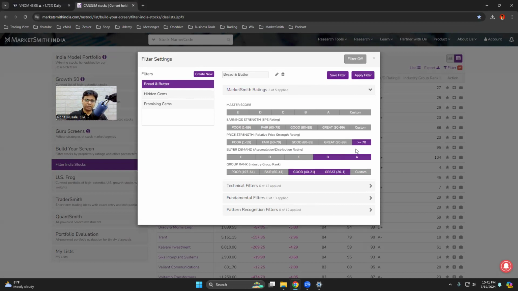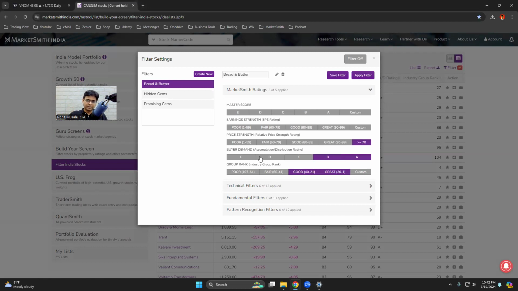So for example, if there is a stock which has given a return of, let's say, 70-80% in the past 1 year, and it has done better than 70% of stocks in the entire Indian stock market, then that stock will come under this filter. So the price strength should be more than or equal to 70. This filter means we are looking at the top 30% of the entire stock market in terms of its annual performance.